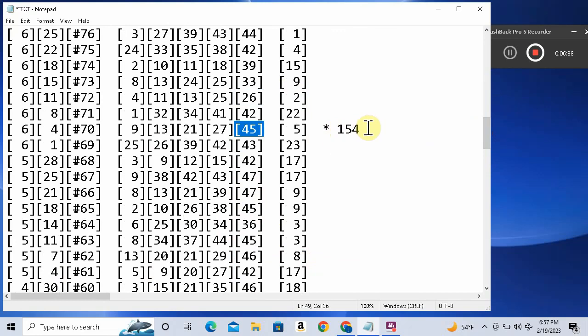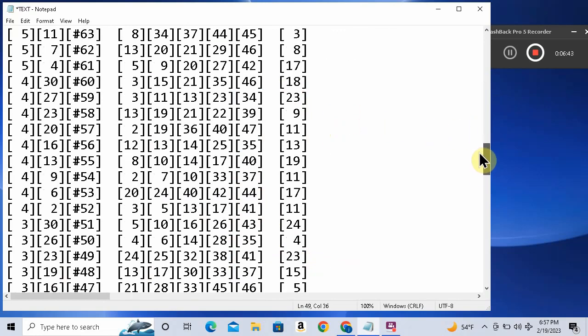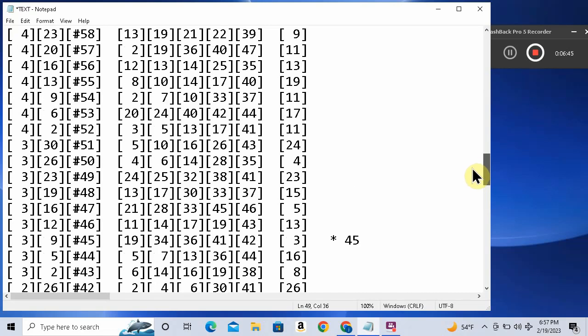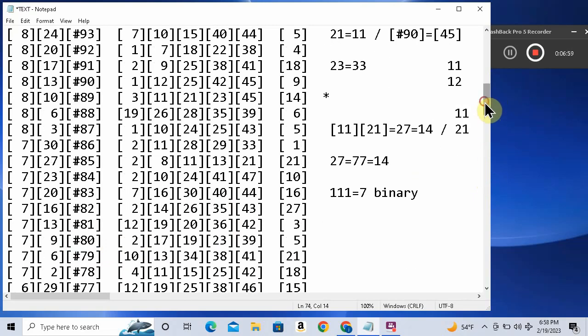And if you go over here to the ticket numbers, we're looking at 45, right? 45 right here. So this is the ticket number. The distance between this ticket number and the 45 right here, from here to this spot right here, is 45. It's interesting how these numbers link together.